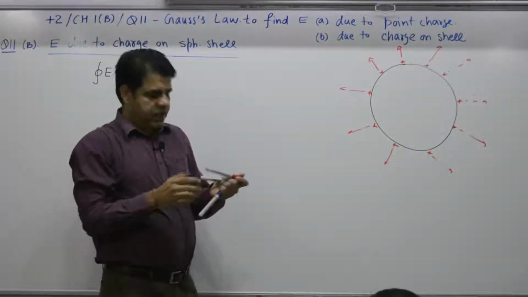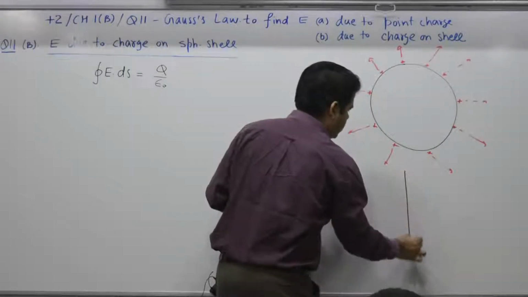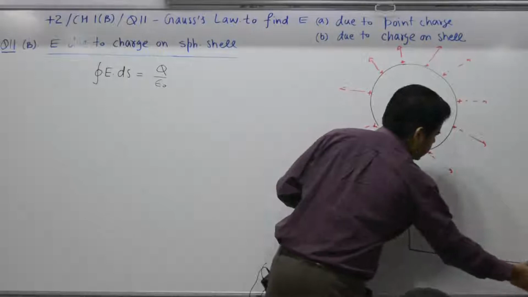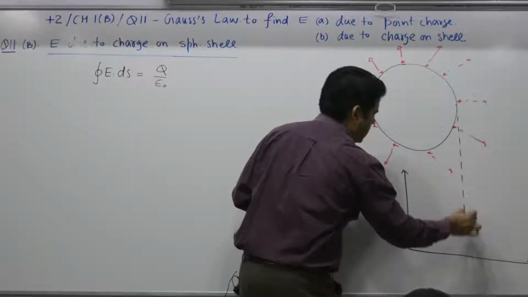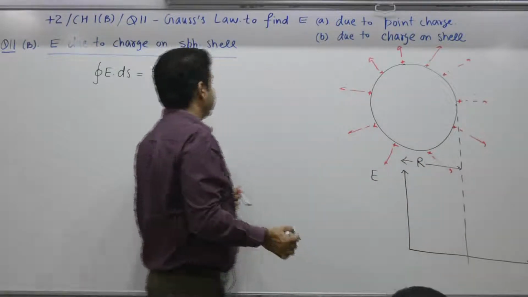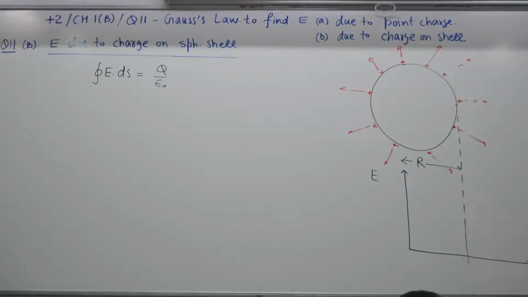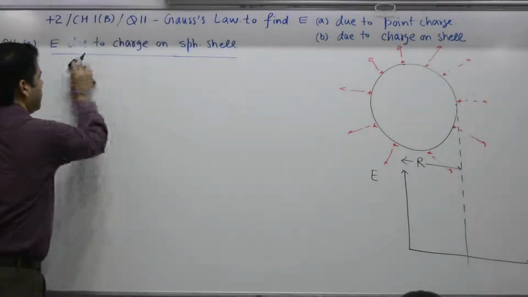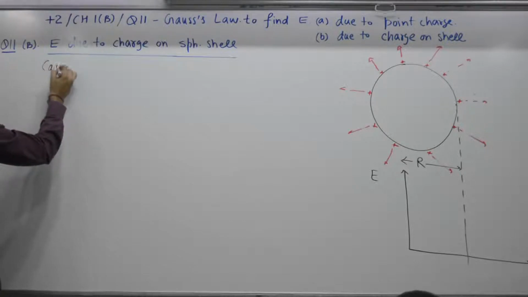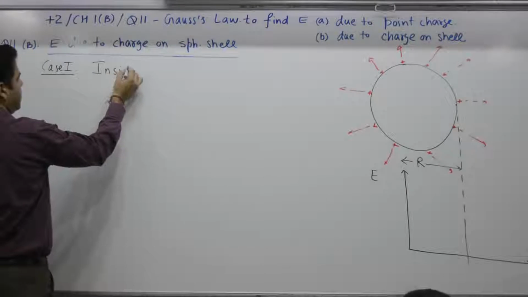We have to find out E inside and outside. This value is capital R. Case number 1: inside. We have to find out E inside.